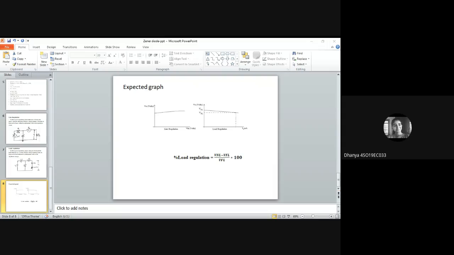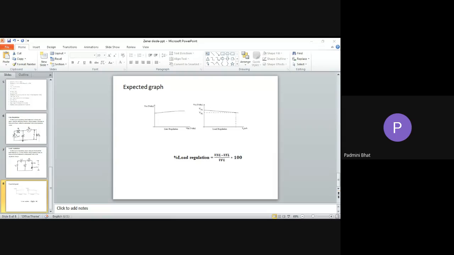Yes, ma'am. Okay, you are there now. Why is load regulation done? He said why line regulation is done. That Satvik said why load regulation is done. That experiment was conducted to vary the load resistance and to see for how much variation we get a constant output, that's regulated output.